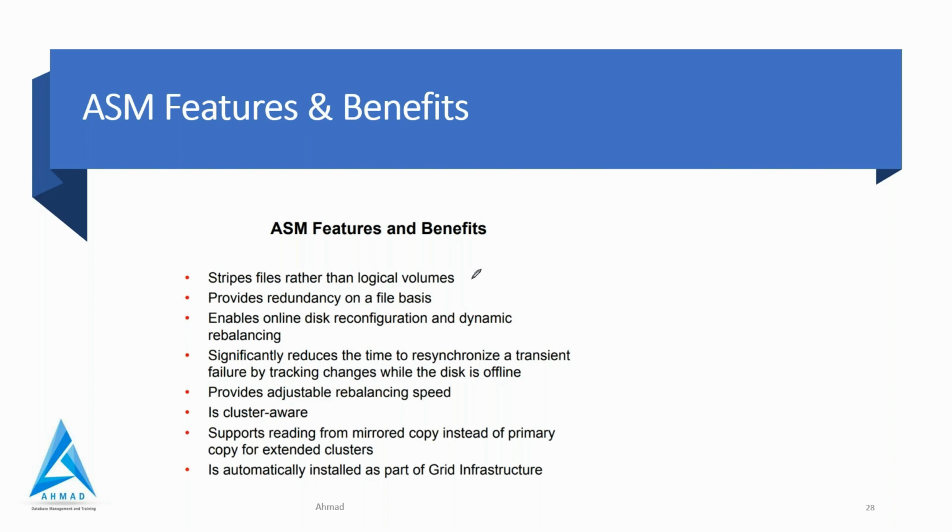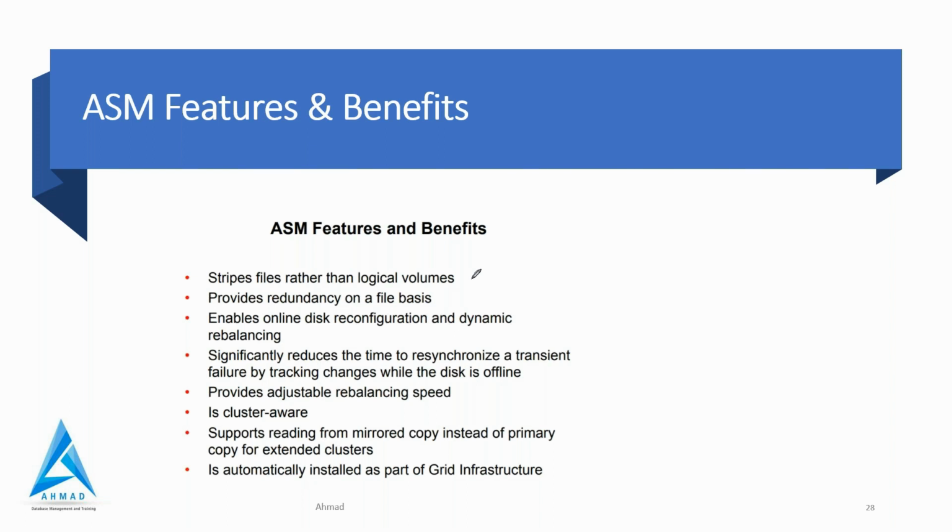ASM uses an index technique to track the placement of each piece, and traditional striping techniques use a mathematical function to stripe complete logical volumes. So please remember that. And ASM is unique in that it applies mirroring on a file basis rather than on a volume basis. Therefore, the same disk group can contain a combination of files protected by mirroring or not protected at all.